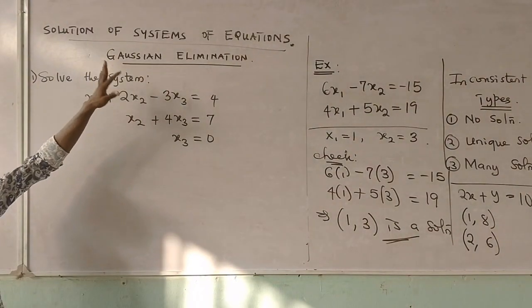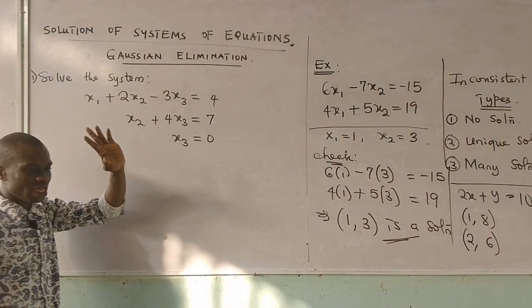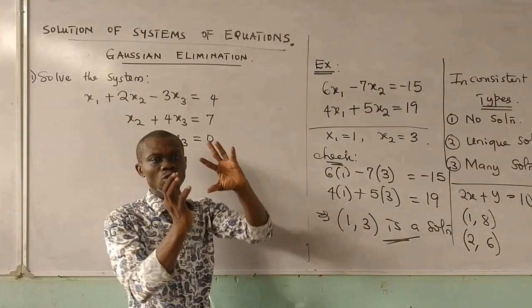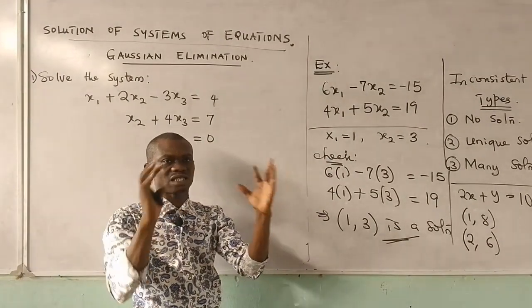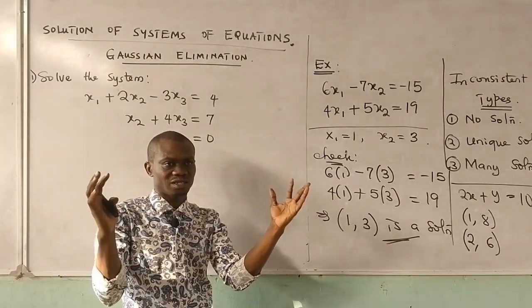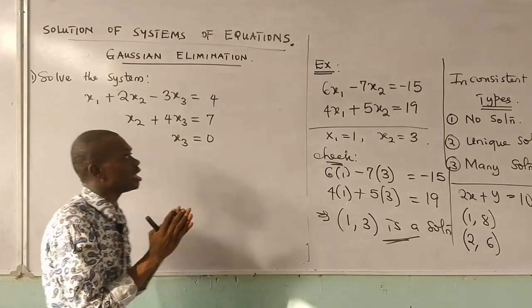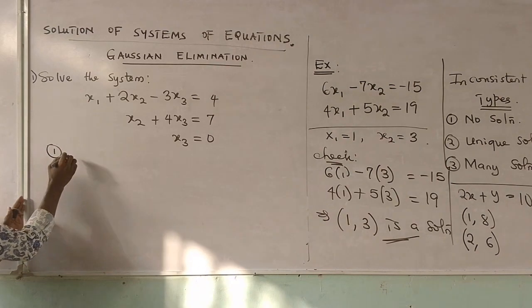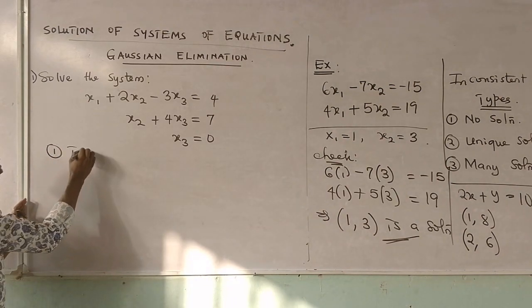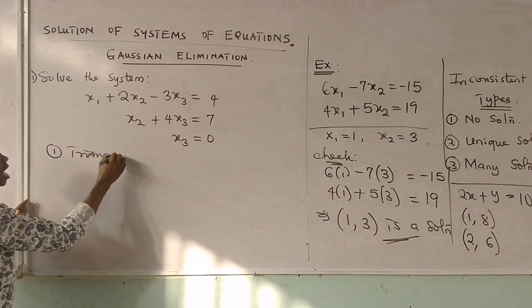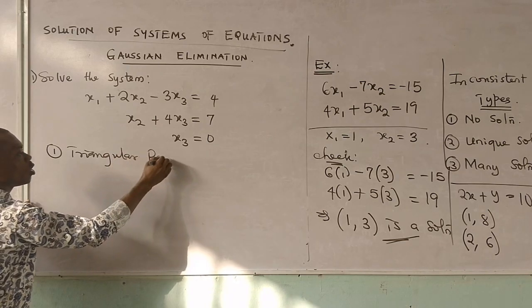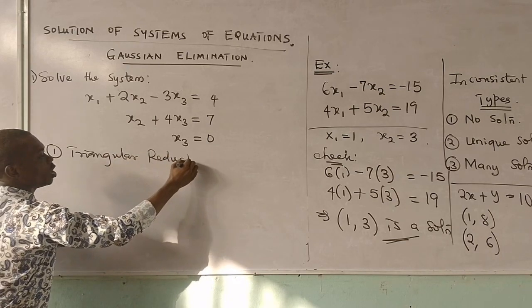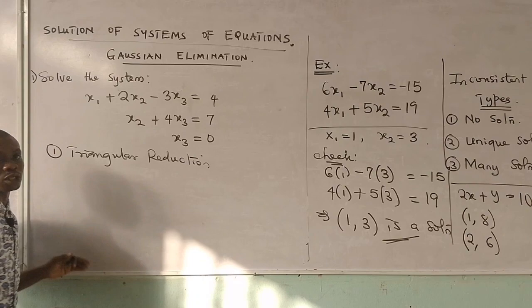Alright, now what is the Gaussian elimination method? It has particularly two steps or two things that make it up. One is what we call the triangular reduction. I should be able to do triangular reduction.